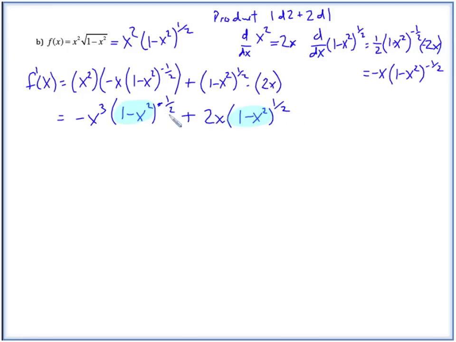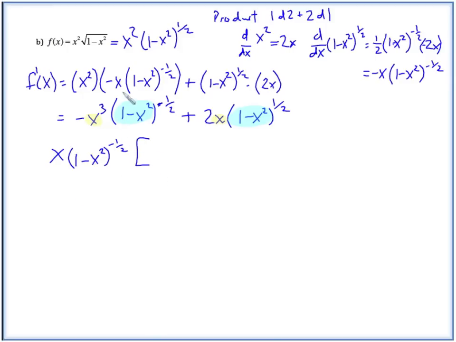So we're actually going to factor out a 1 minus x squared to the negative 1/2. Okay. Now, along with this, we're also going to factor out an x, because I see an x in both of these terms. So I'm just going to put that out in front as well. Okay, so that's what we're factoring out.